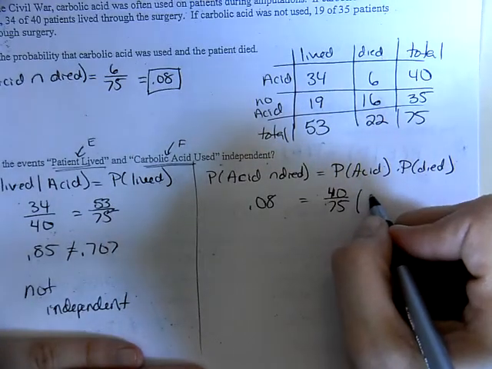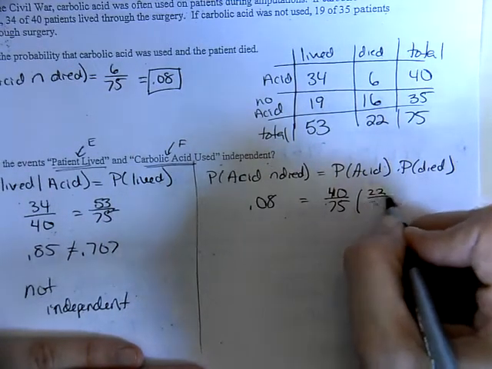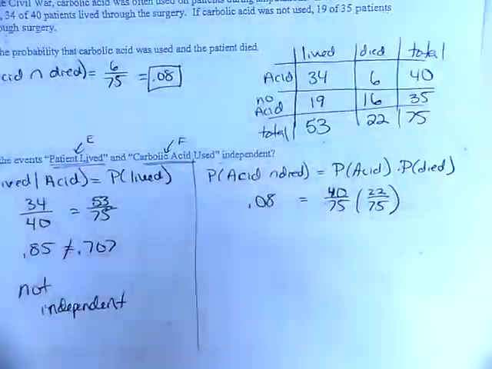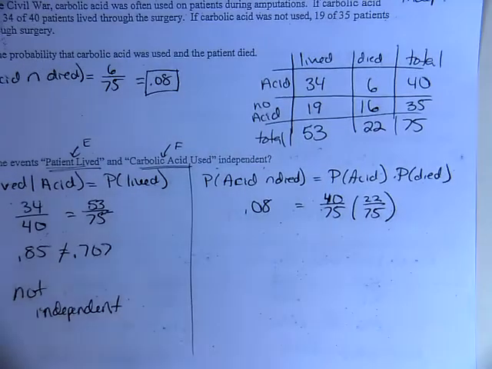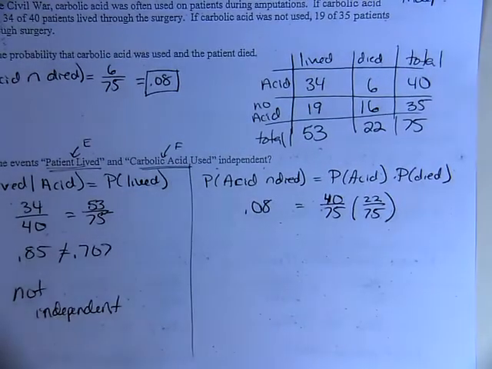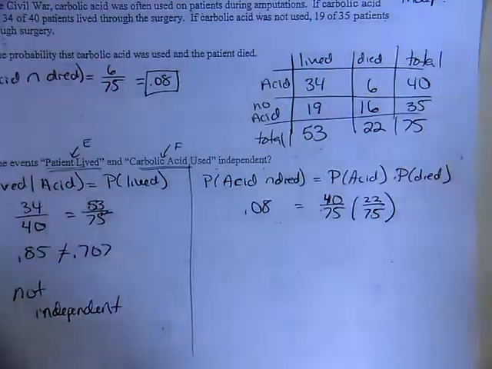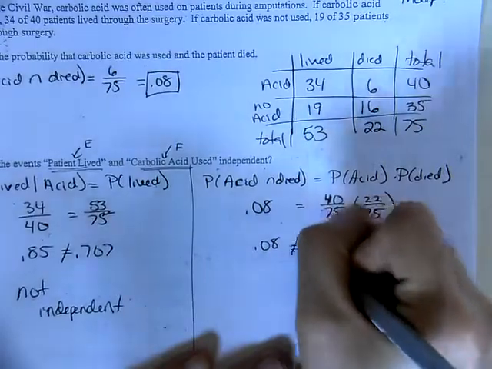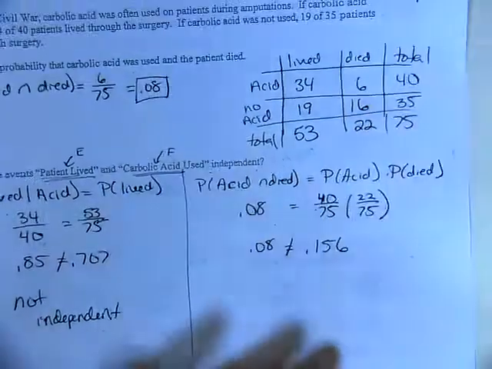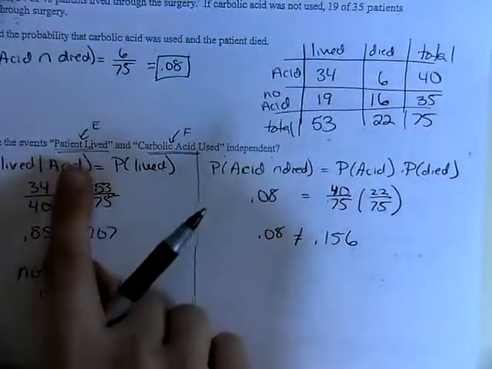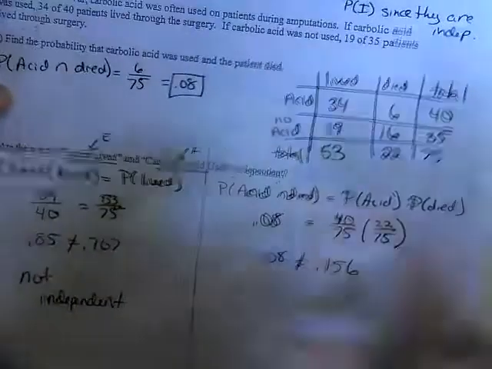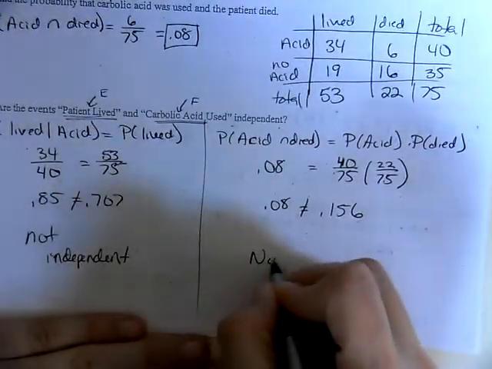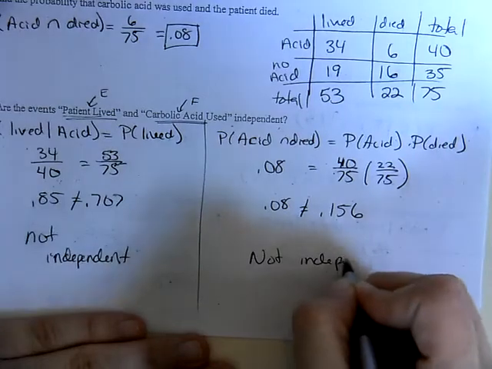And then how many died? 22 out of 75. So 0.08, 0.156. Now we didn't use lived because I was like, oh, we can use, but you get the idea. So again, not independent.